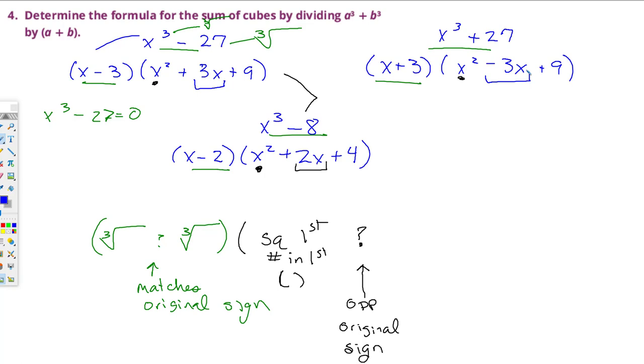Where might that number come from? Square root? It's not the square root. Is it the number in the first parenthesis? It's the product of the first parenthesis.